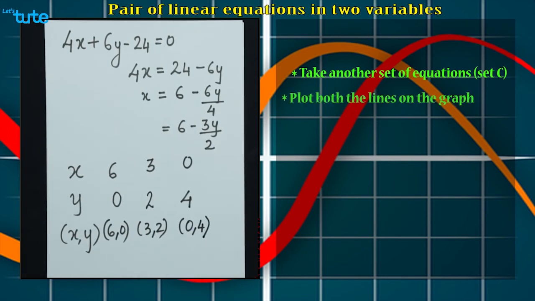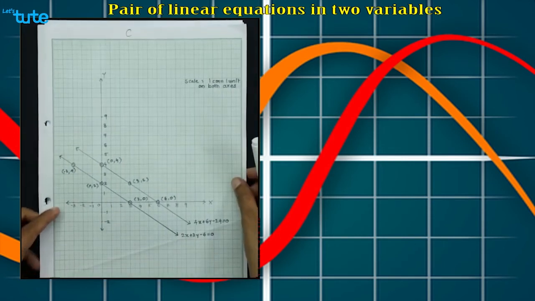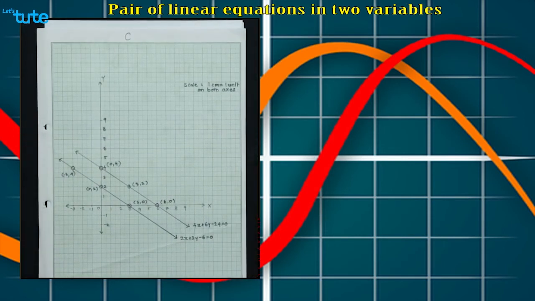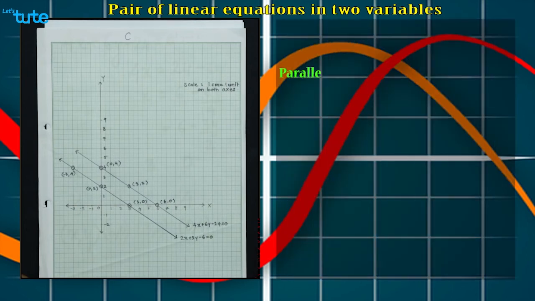Let us see what the graph of these two lines looks like. The graph which we have plotted comes out to be 2 parallel lines, as you can observe here. Now these 2 parallel lines by their definition will never intersect each other. If they do not intersect each other, can they ever have any common point? No, they will not have any common point, meaning this system of equation will not have a solution.